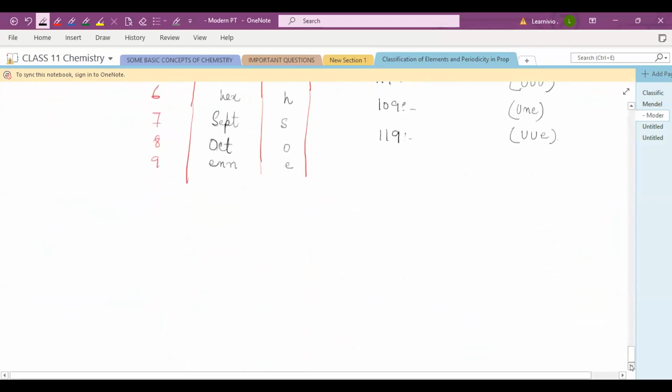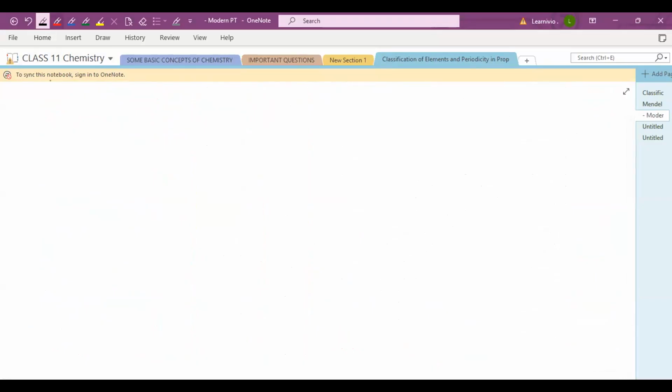Okay, next let's see the concept of valence electron. Basically, what is valence electron? It is the number of electrons in the valence shell. Means the electrons in your last shell, the outermost shell, are known as your valence electrons, right?